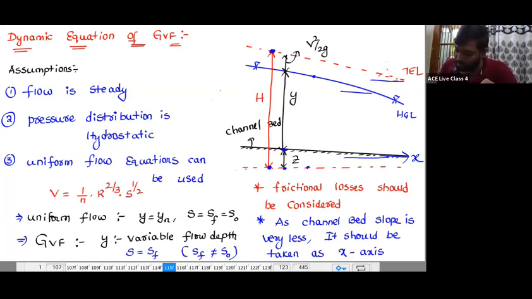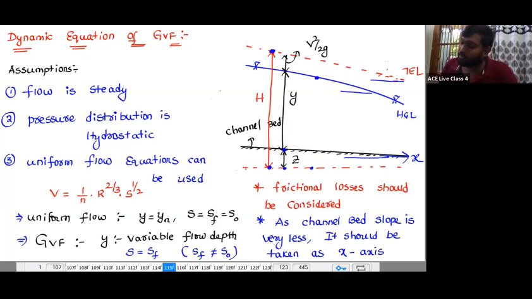Y plus Z. So d by dx of y plus z, that is SW. See, this total H with respect to x is the TEL, SF. This z with respect to x is the channel bed. Now for the water surface, the differentiation of y plus z with respect to x is going to be SW.